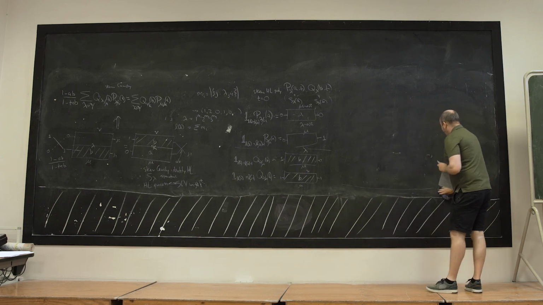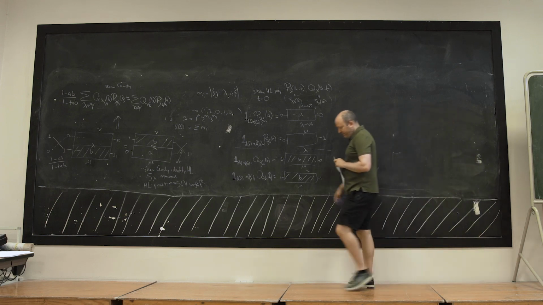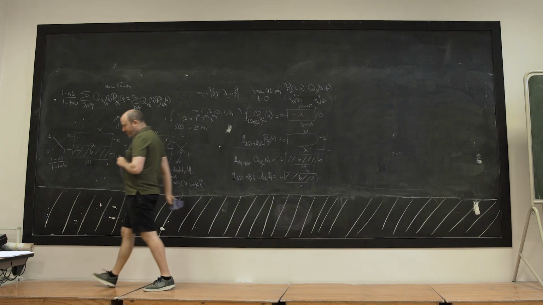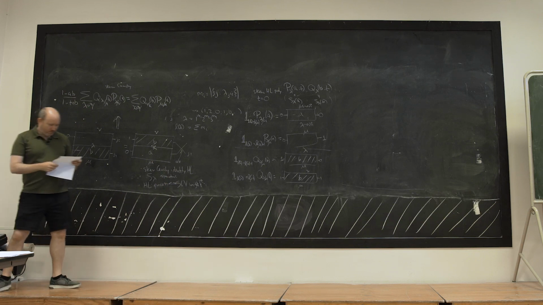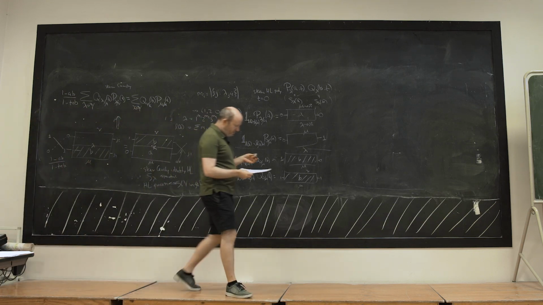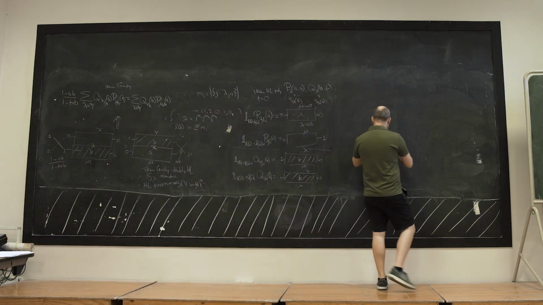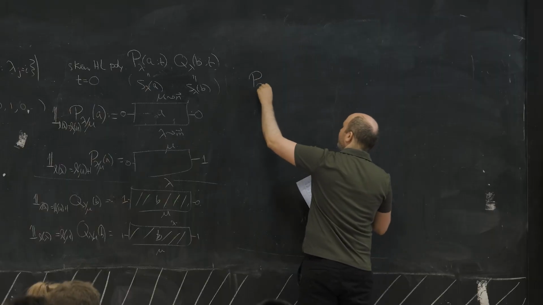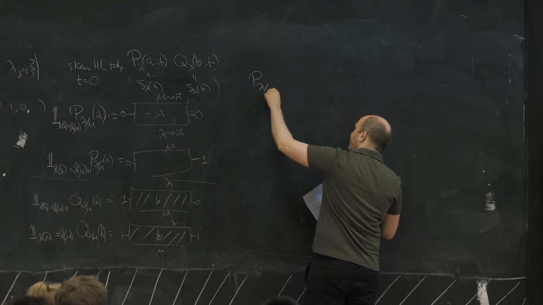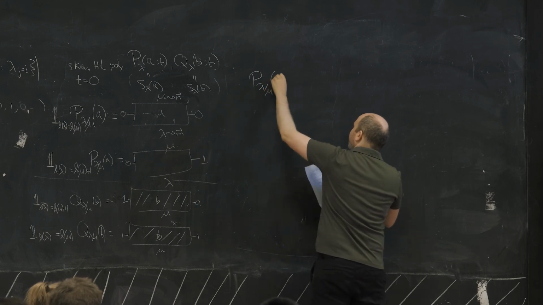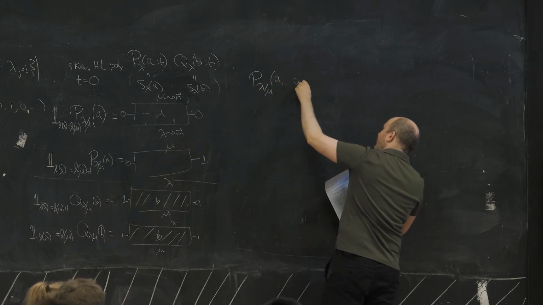So how did we define multivariate skew or non-skew Schur polynomials? Well, we took a sum over interlacing partitions of products of them, right? So let me define, and of course you can do the same thing for Q in the exact same manner, but let's say A1 through AM.